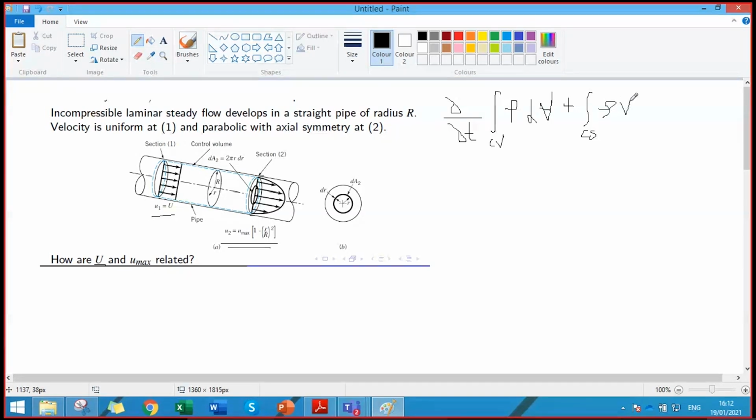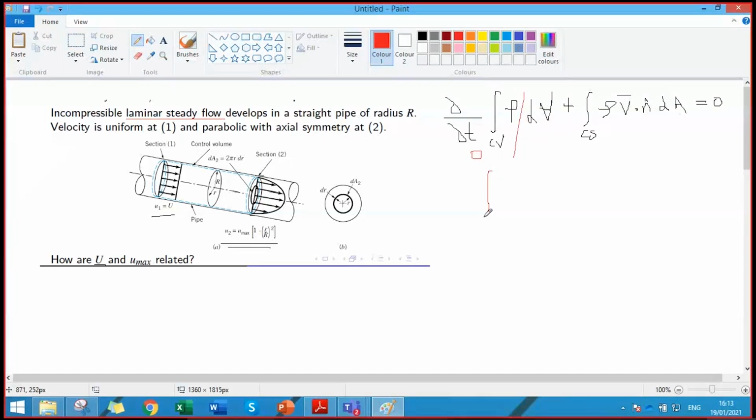And from the problem statement, we know that the flow is laminar steady flow. So it means that the first term would be 0. So we'll be only left with the second term, that is, the control surface integral of rho V dot n dA equals 0.